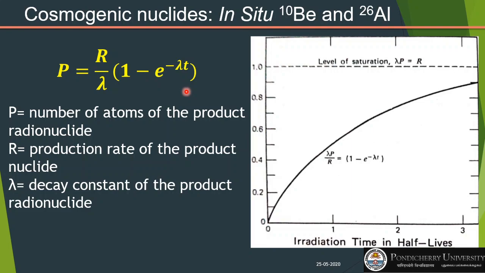In a similar way, one can assume that you have a long-lived isotope in a sense that cosmic rays are continuously coming and interacting and producing, and that daughter is again decaying out with the rate of lambda. So this is basically a balance between the production from the cosmic ray interaction and the decay of the product radionuclide.